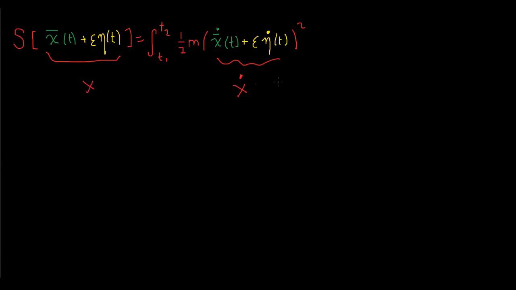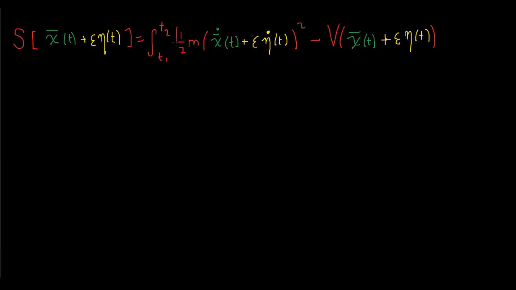We're just taking this and dotting it. This is just 1/2 mv squared, if you remember. Now, all of this minus v of x bar of t plus epsilon times eta of t. And then, never forget, all of this times dt. Never forget the dt.